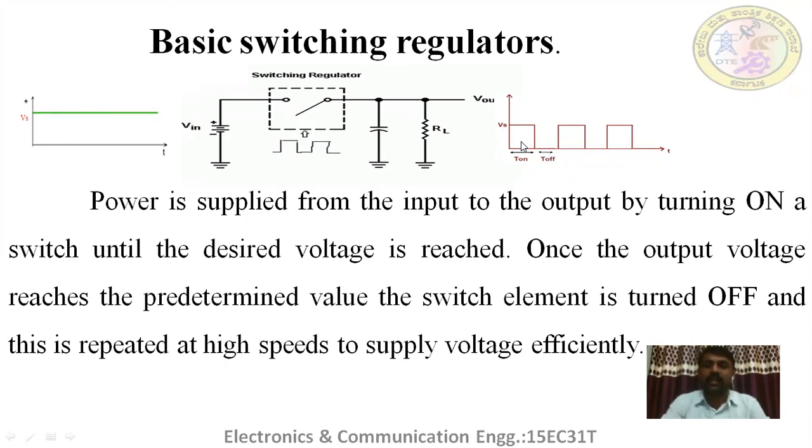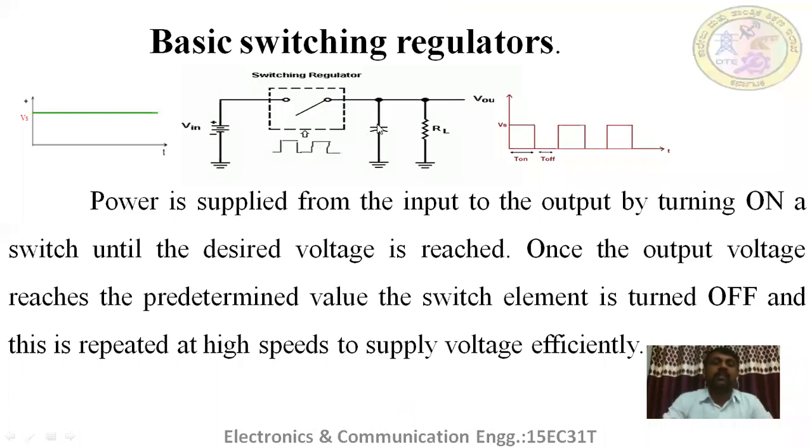This type of conversion is called continuous DC to pulsating DC. This process is also called chopping. Here the capacitor is used as a filter. Are there any ripples at the output side? Those ripples are bypassed from the output side.